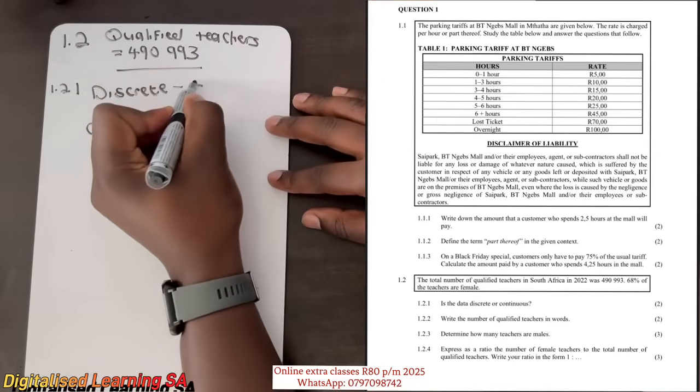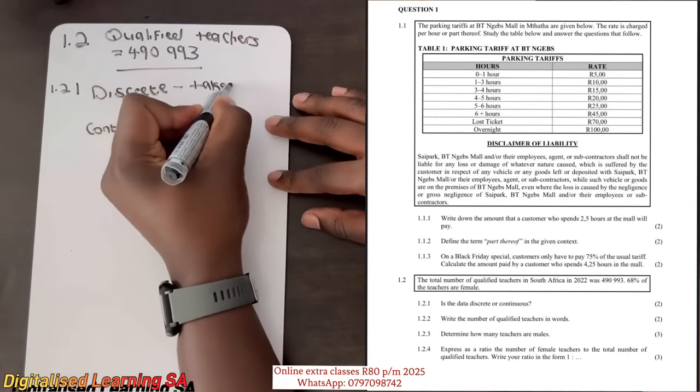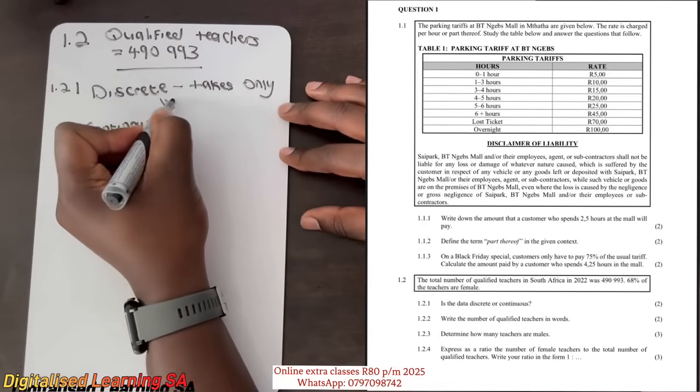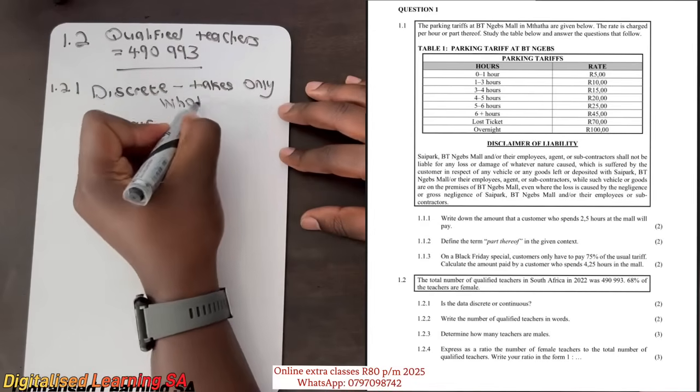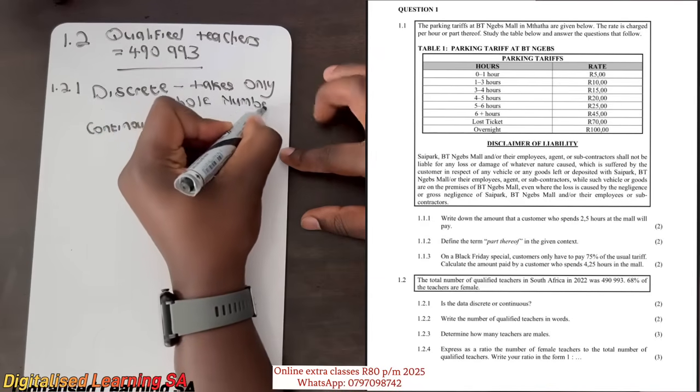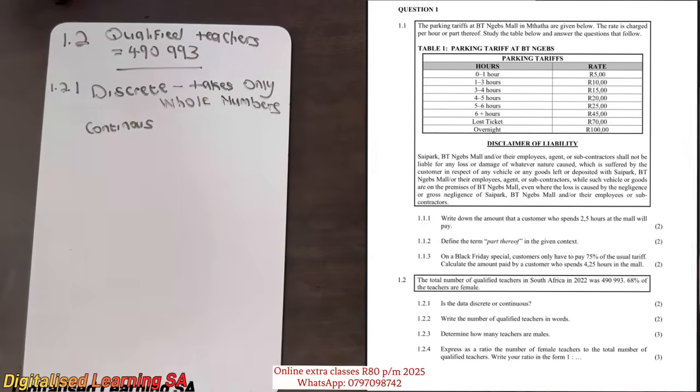So it takes only whole numbers. Okay. So let's change our marker.